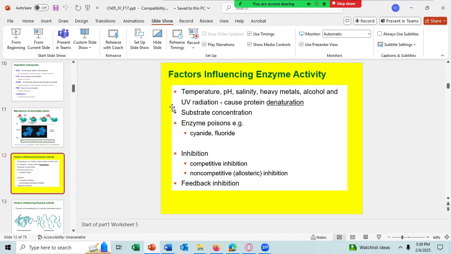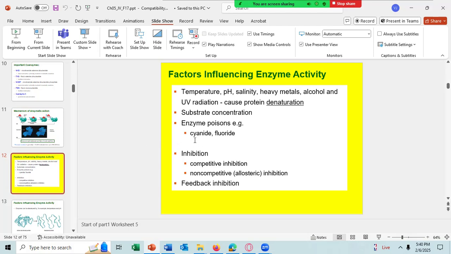You're also less likely to have the enzyme work, or you're going to decrease the amount of enzyme activity, if you have poisons present. Poisons like cyanide and fluoride will damage the enzyme, and eventually, at least these two, once they've damaged the enzyme enough, that repair mechanism doesn't exist, and you damage the cell enough, you'll damage enough enzymes that the metabolic reactions in the cell cannot continue, and then the cell will die.